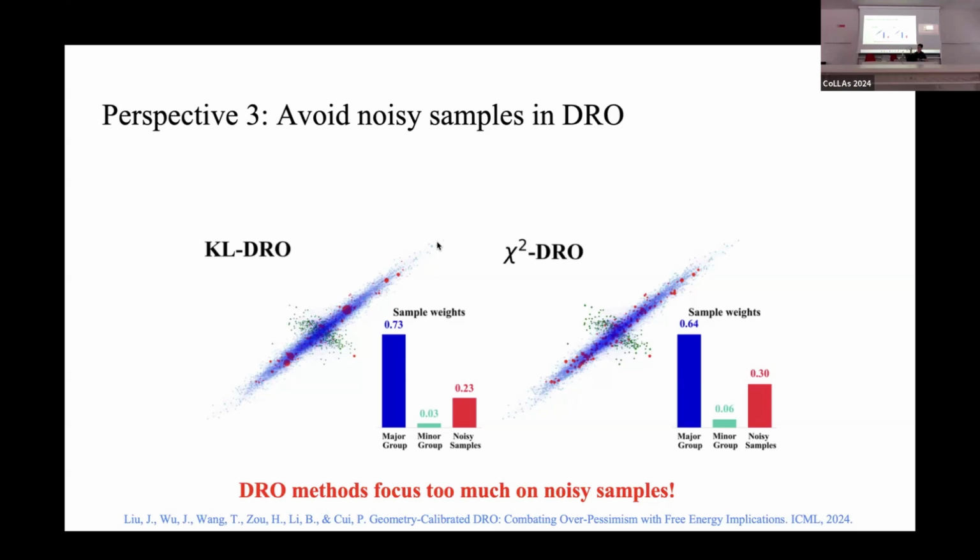We find that both DRO methods allocate too much sample weight to noisy samples. This is not desired, since our model cannot learn anything from noise. Therefore, to enhance the empirical performance of DRO methods, we really need to avoid noisy samples. This can be viewed as another kind of data heterogeneity: hard samples and noisy samples, because they both have high prediction errors.